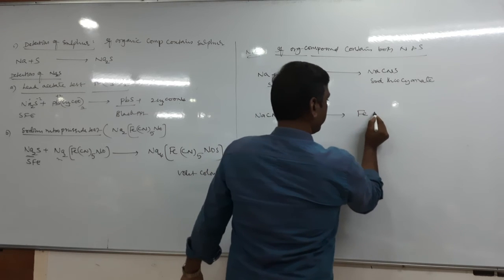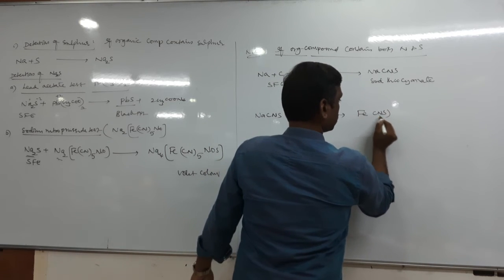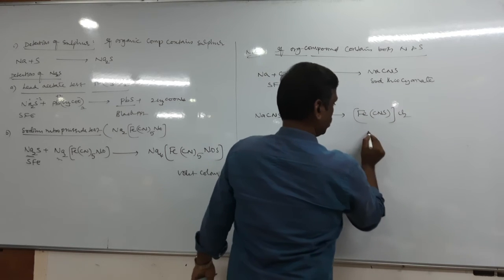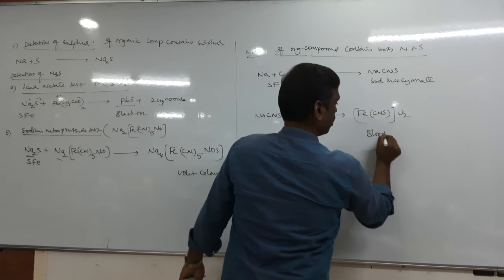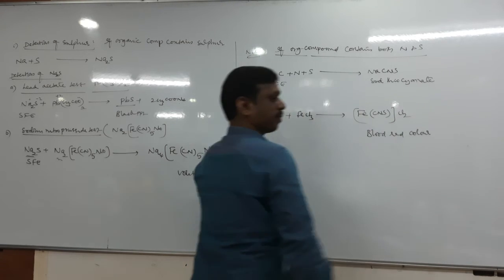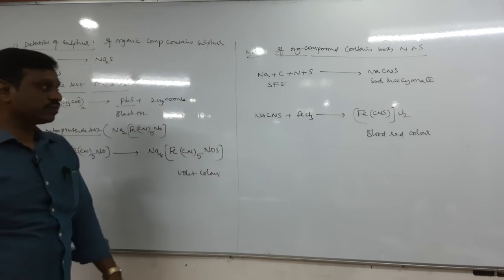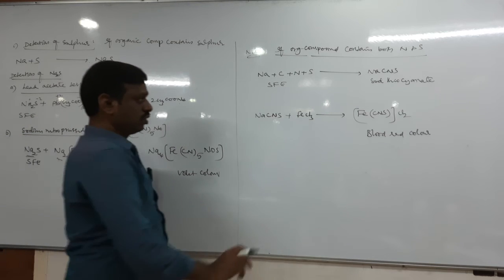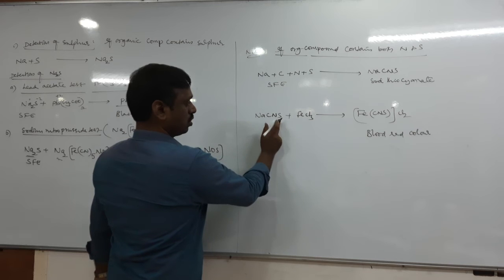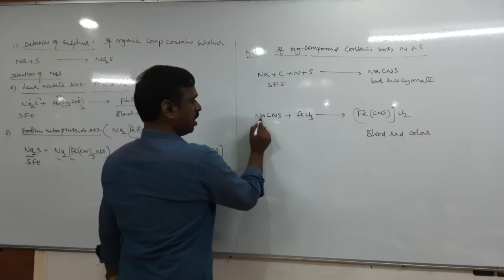complex compound Fe(CNS)Cl2. This is a blood red color complex. Okay, it is not balanced, you can balance it.